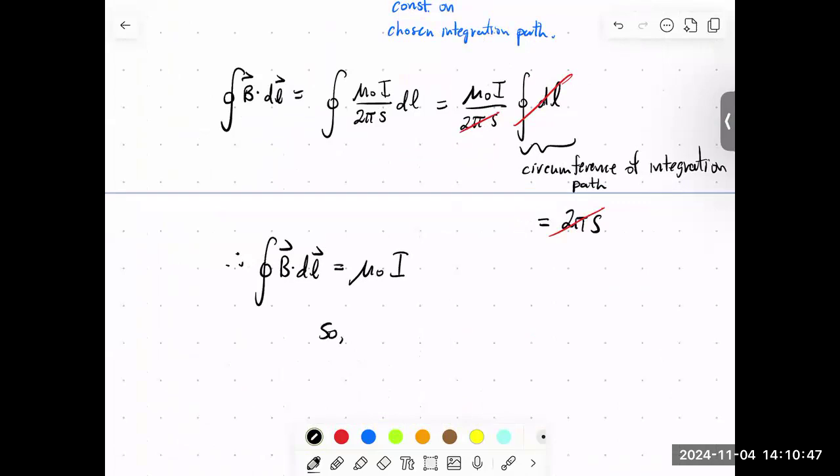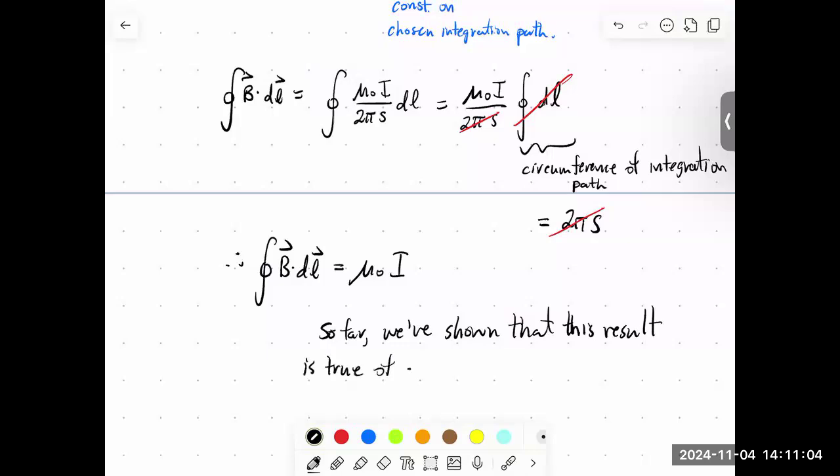So far, we've shown that this result is true for a long straight current.